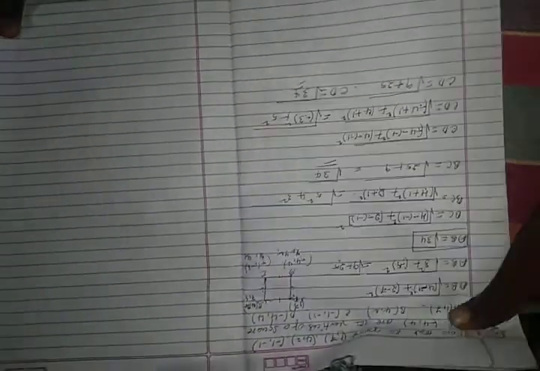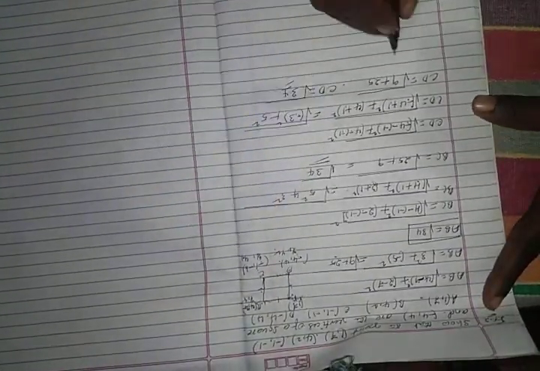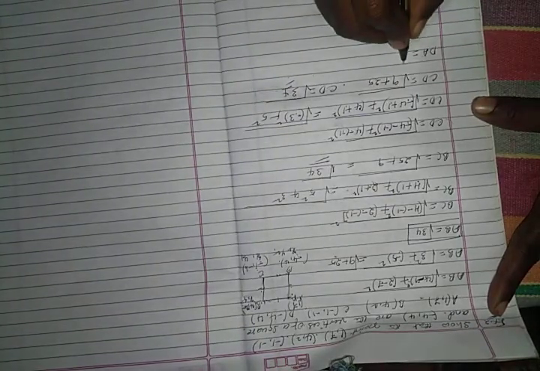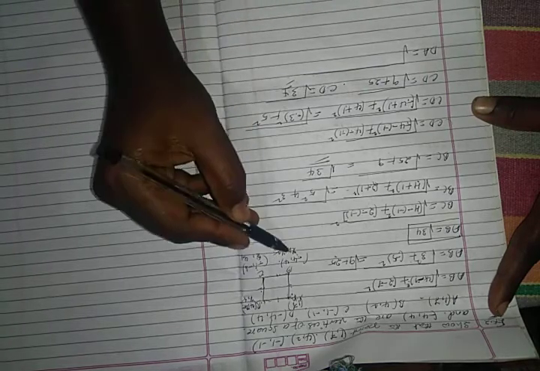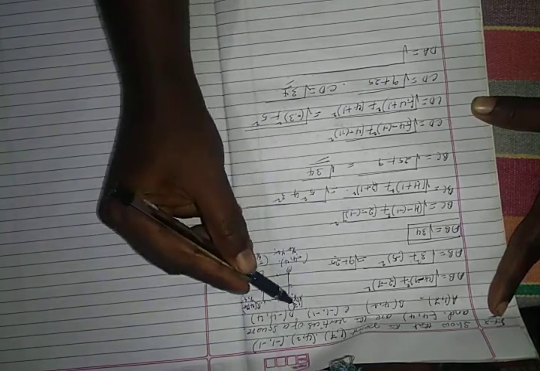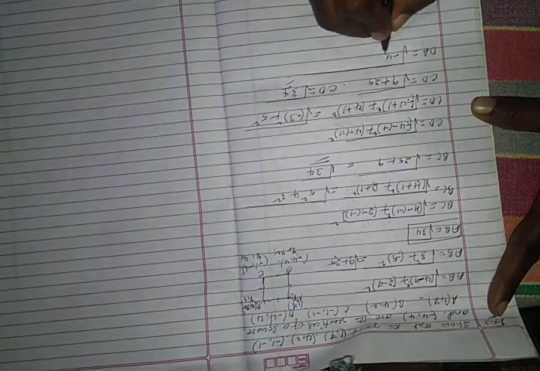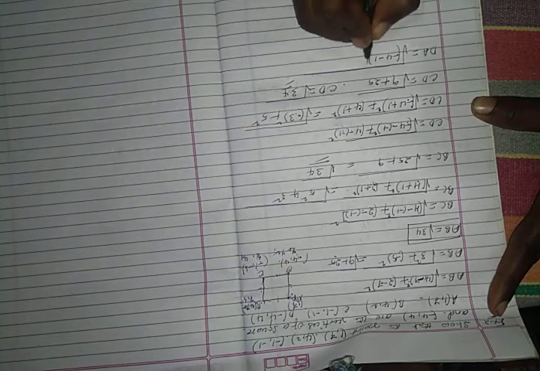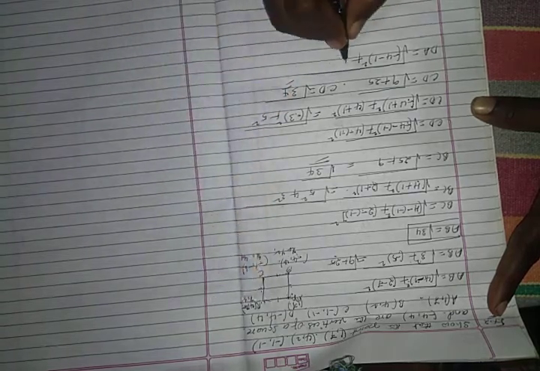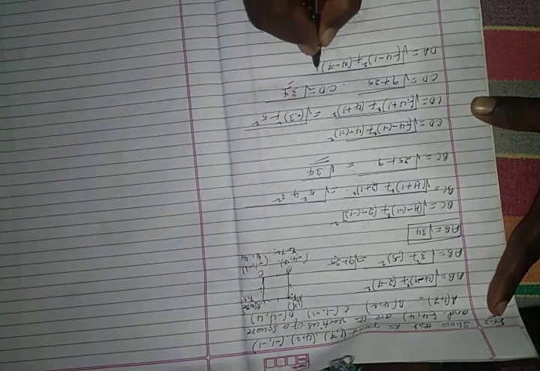And then after CD, DA. Let us take DA is equal to square root of x2 minus x1. What is x2? It is minus 4, and x1 is 1. So (minus 4 minus 1) whole square plus (y2 minus y1), that is (4 minus 7) whole square.